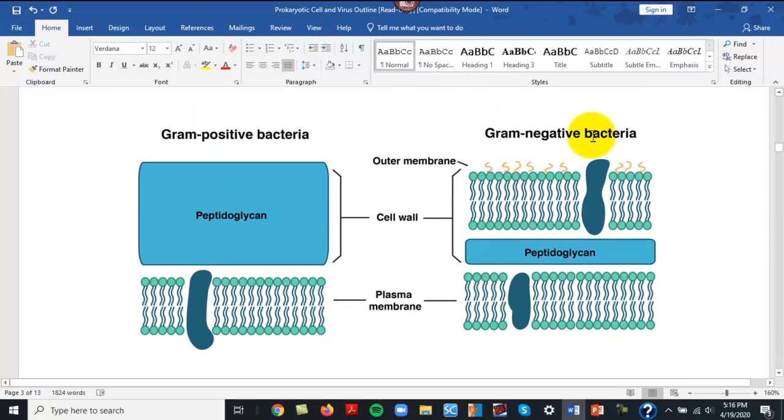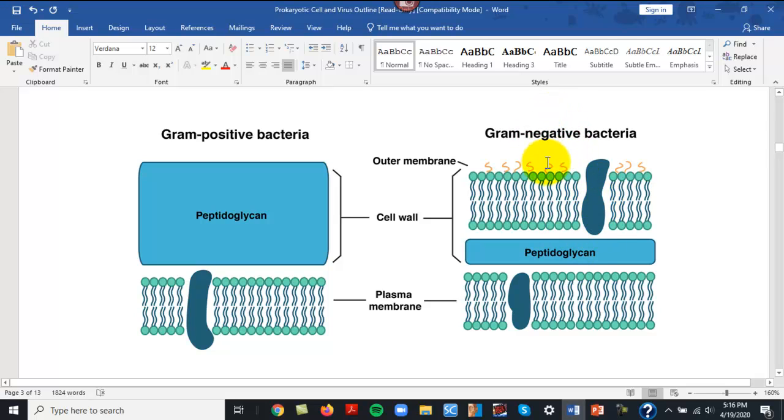So gram-negative bacteria, their cell wall has two layers to it. There's a layer of this stuff called peptidoglycan, and that's important here in a second. And then they have this outer layer that's called a lipopolysaccharide that almost functions like a cell membrane.